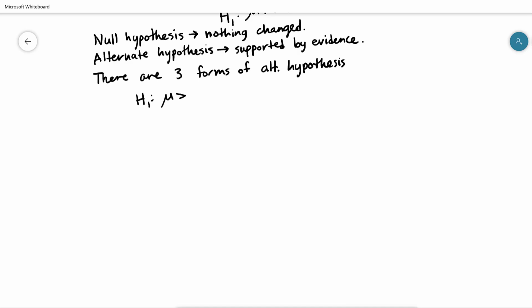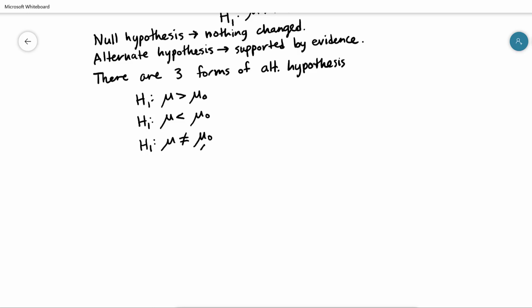In this case it was 128, but I'm just going to put a generic placeholder, mu 0. That's what we'll use. So that mu is greater than some number, we can have that mu is less than some number, or we can have the alternate hypothesis be that mu is simply not equal to some number.